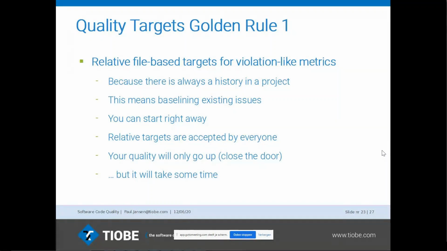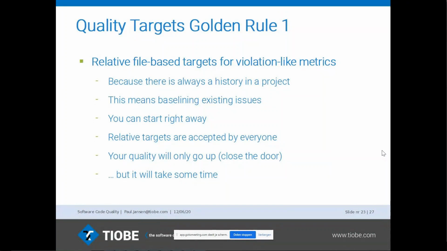And the funny thing is that what we see in companies is that everybody accepts this. So even project managers who are very keen on time to market and putting pressure on your project, etc., they will say it's okay. So I accept if you accept the current situation, but we are not going down. We are not allowed to degrade in quality with respect to these violation-like metrics. Fine. So the consequence is that your quality will go up with this.